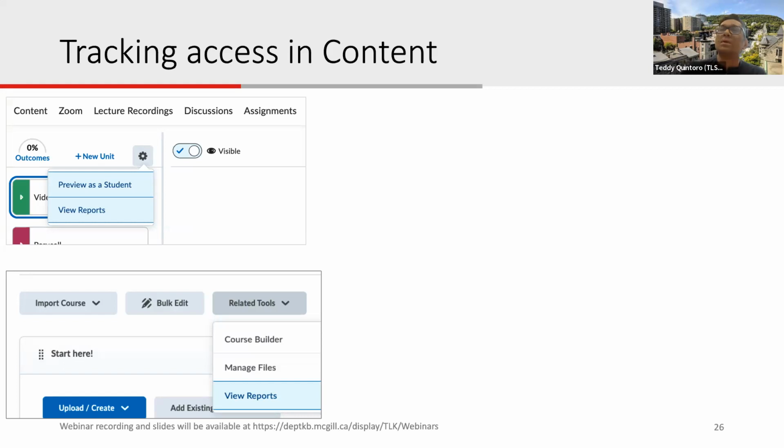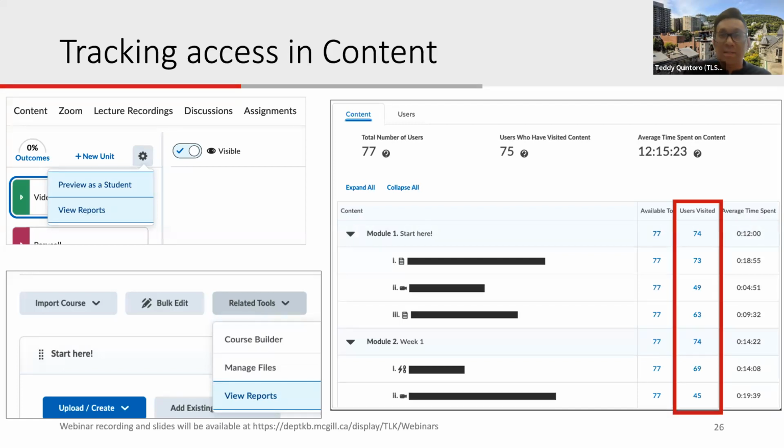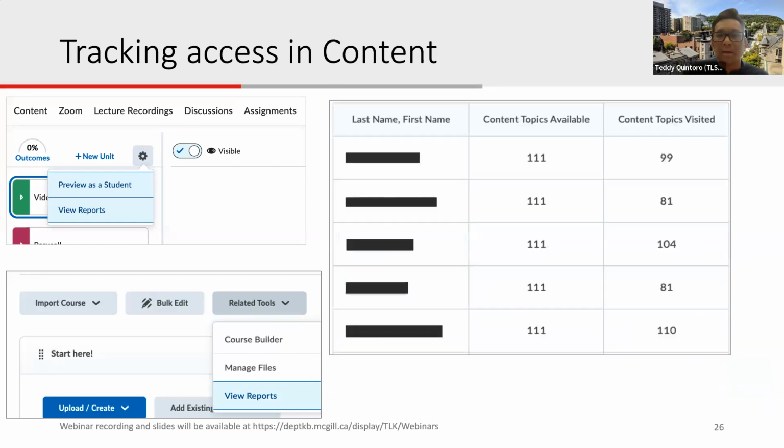And so this is what it would look like. You can actually see per module and per file, how many people have viewed them in total, and the amount of time on average students have spent there. So this is the number visited and the time that they spent.